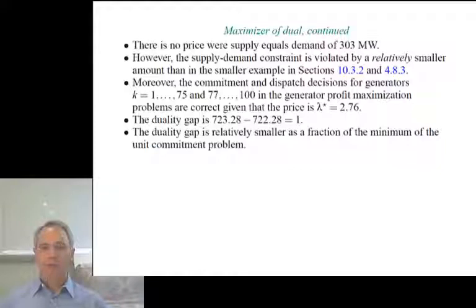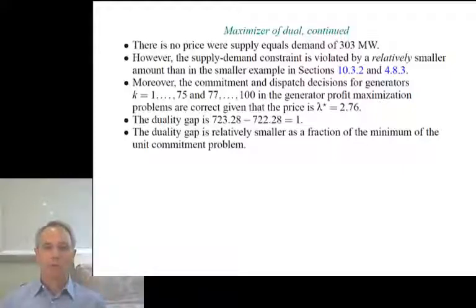Well, putting all those previous slides together, there's still no price where supply equals demand. Remember, demand was 303 megawatts. However, the supply-demand constraint, if we think of the violation, the relative violation, notice that the violation is relatively much smaller than in the smaller example.